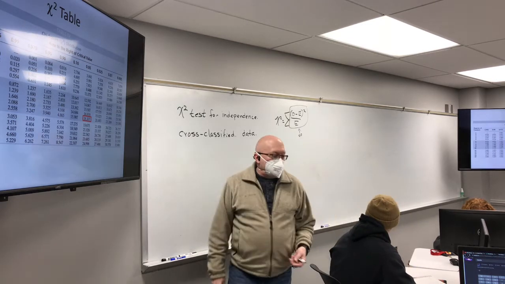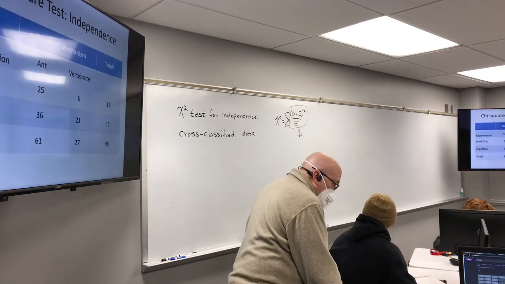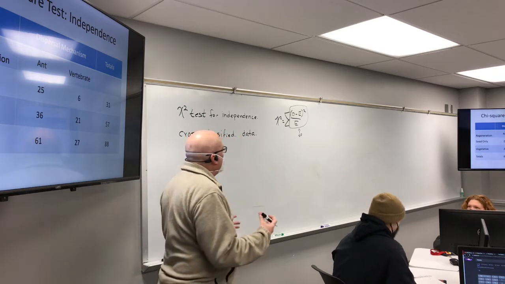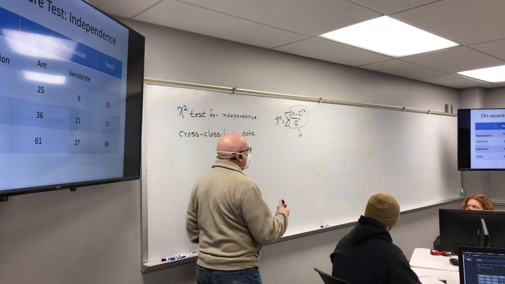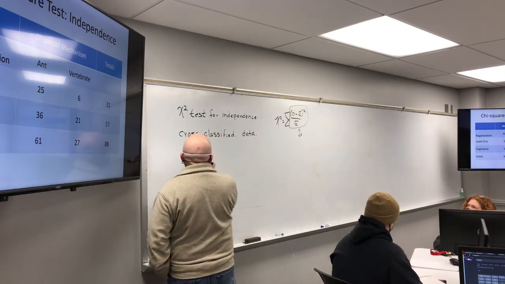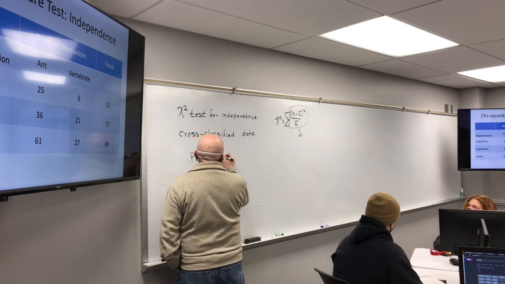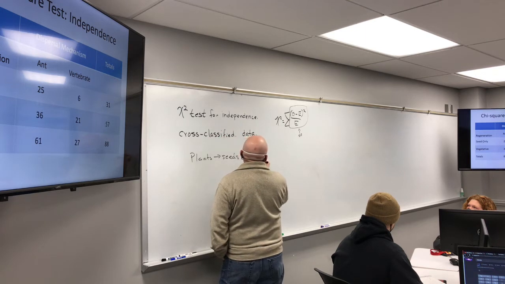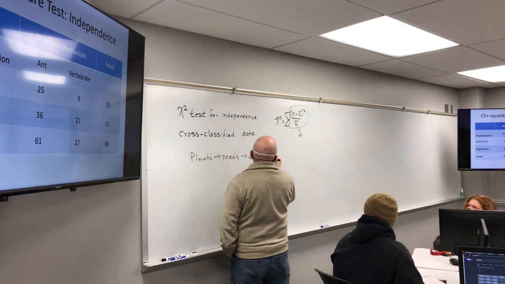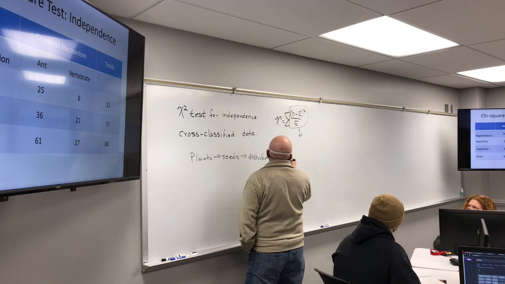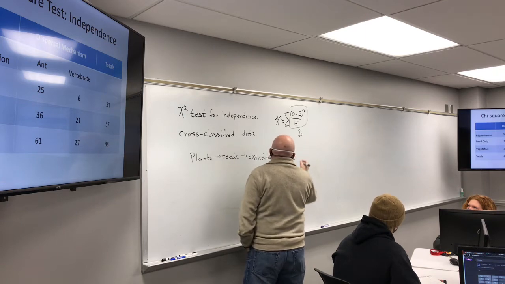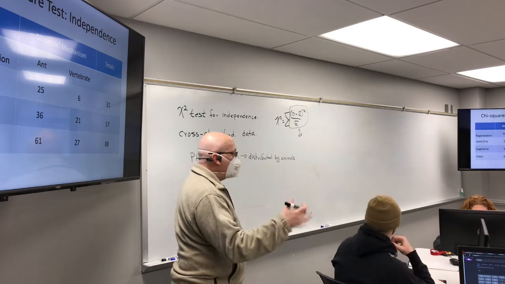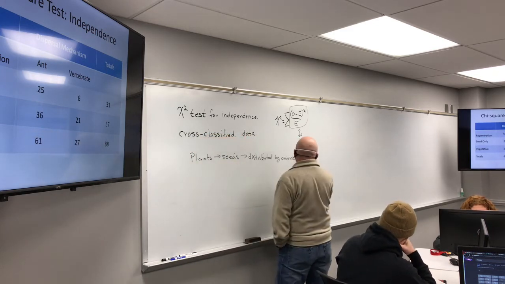So this is a biological example. My apologies for non-biologists. But in this case, what we have is a situation where plants produce seeds. These seeds get distributed by animals. And then these seeds germinate and they become new plants in new places.